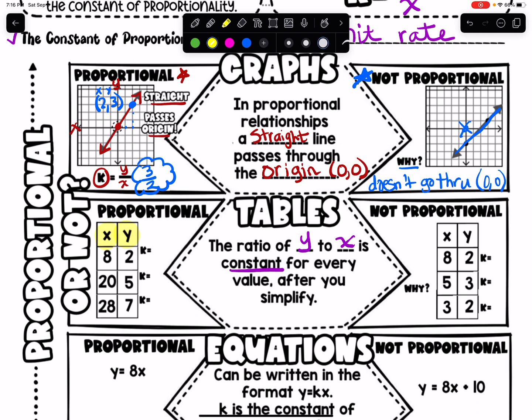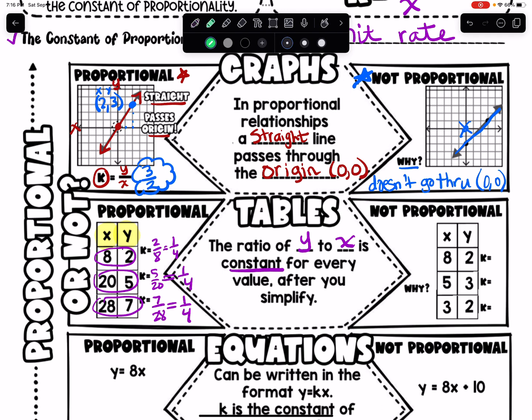Even if it's like a horizontal long table, it's still true. For the first set of numbers right here, y over x simplifies to 1/4. For the second set of numbers, y over x also simplifies to 1/4. And for the final set, 7 over 28 also equals 1/4. So this is a proportional relationship.